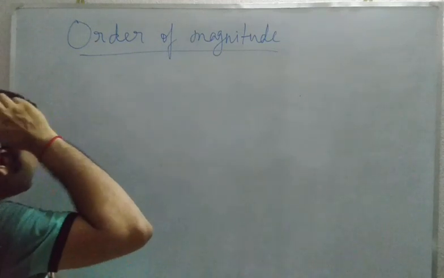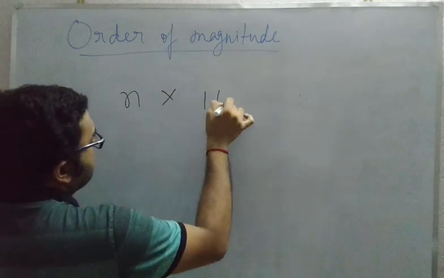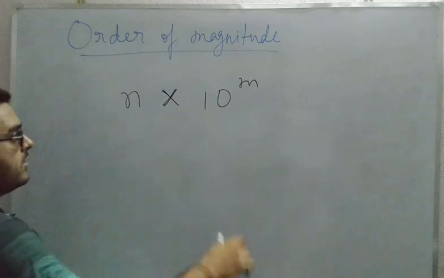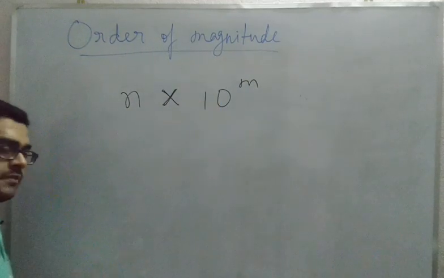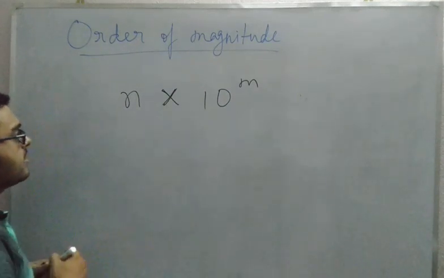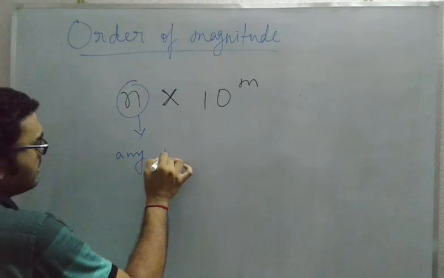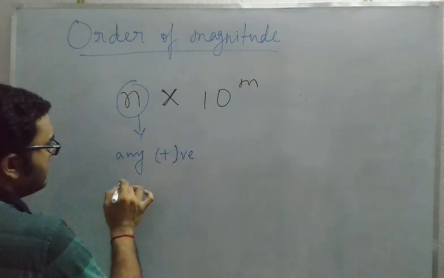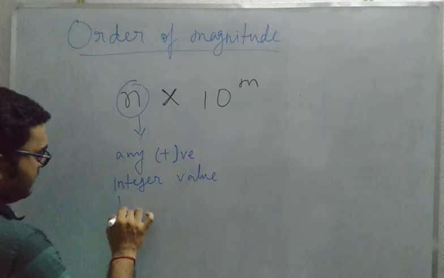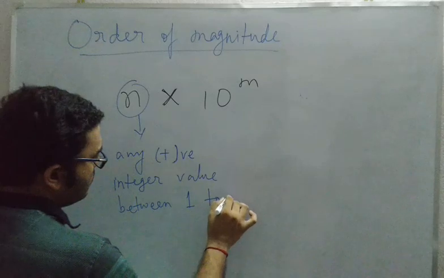In order to determine the order of magnitude of any physical quantity, you have to express it in this form: n into 10 to the power m, where n can be any positive integer value between 1 to 9.